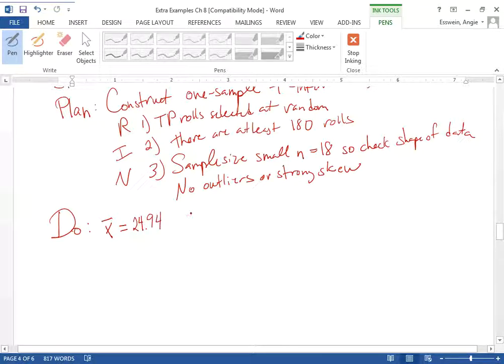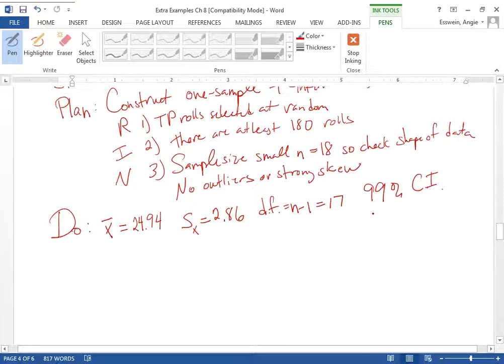And then it'll say Sx on your calculator, the sample standard deviation, which is 2.86. And then the degrees of freedom we're going to need is n minus 1, which is 17. We're doing a 99% confidence interval.